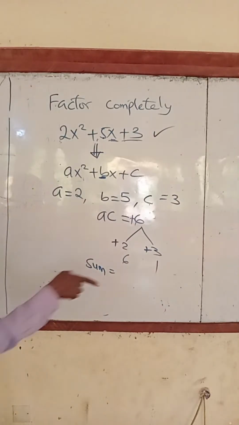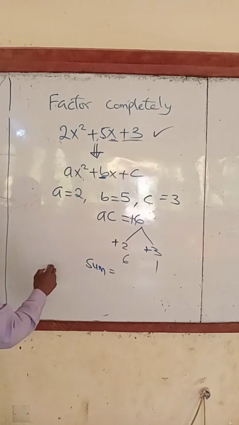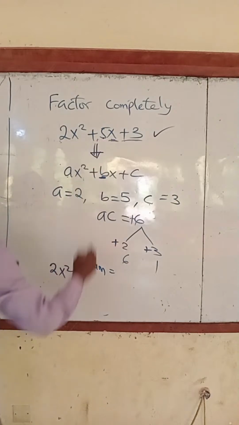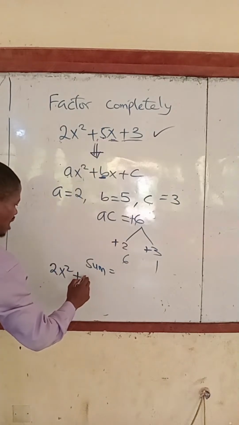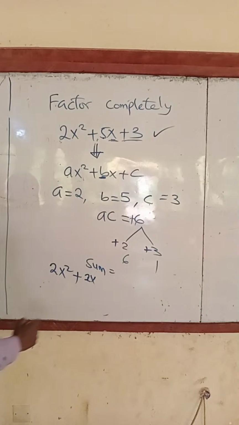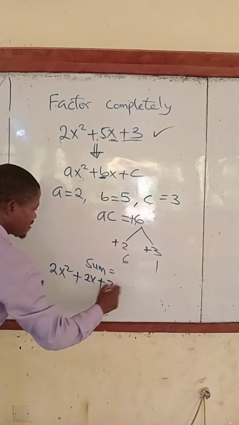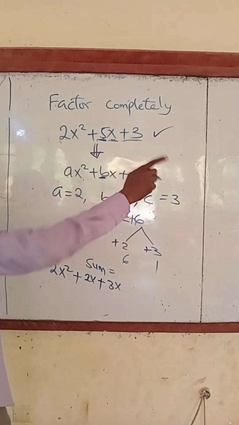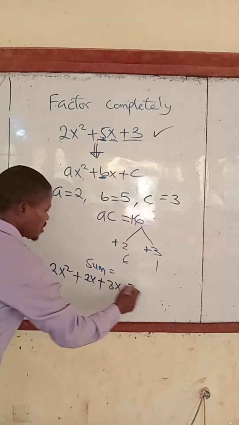That's your b. So you now go back to the question: 2x squared plus 2x plus 3x, you replace the b by those two factors, and then plus 3.